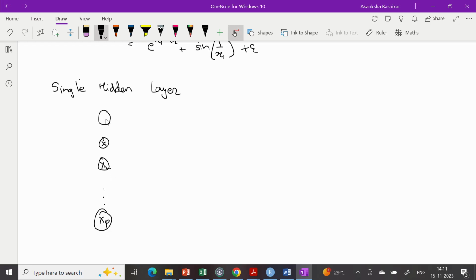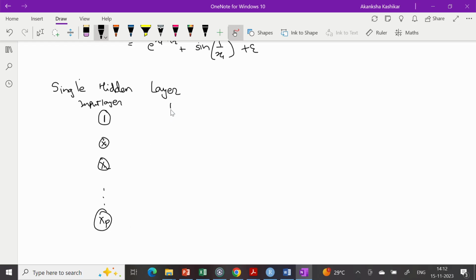These are p input nodes, and sometimes we have to add a constant like an intercept term in regression. So I will have one more node here which I denote by 1 to add constant. This is known as the input layer. So the input layer will have 1, x1, x2 up to xp.